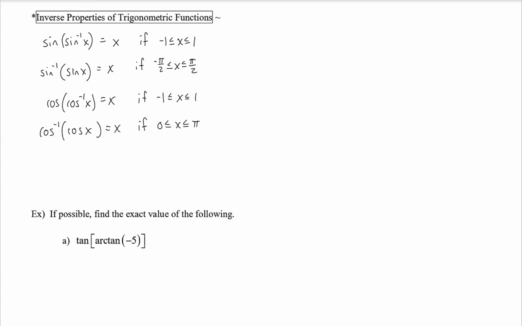And then tangent. All right, so tangent. If I'm plugging inverse tangent into tangent, well, remember, inverse tangent allows for a domain of all real numbers, so x can be any real number.